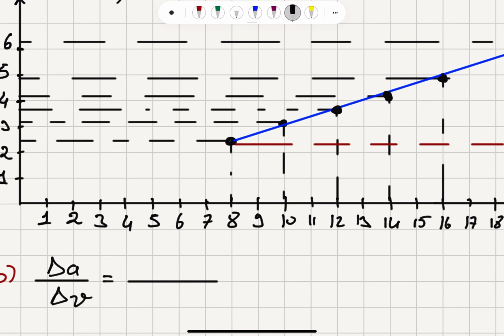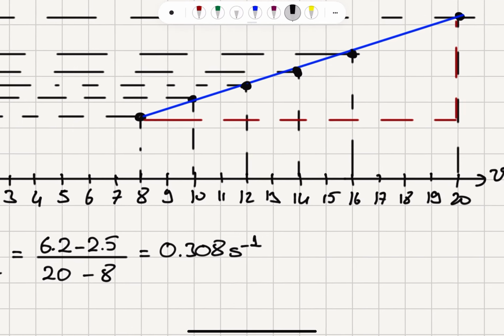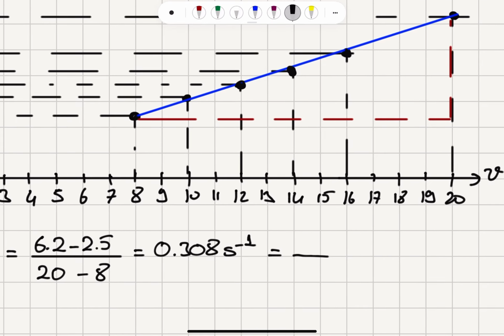These two data points give me 6.2 minus 2.5 divided by 20 minus 8, 0.308 second inverse, and that's equal to, from my analysis in part A, B square L square over mass times resistance.